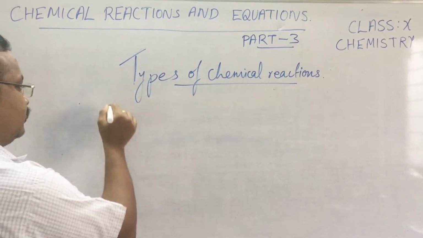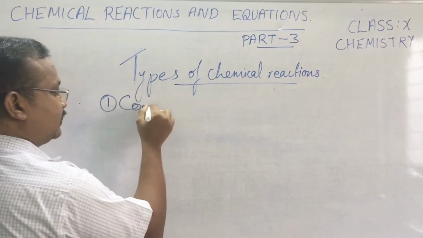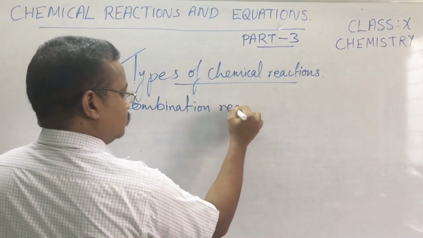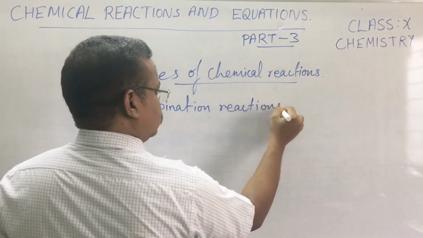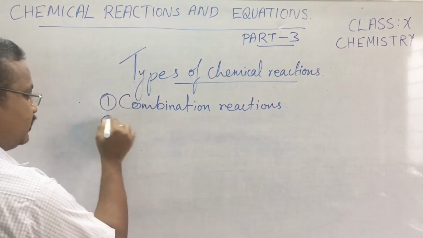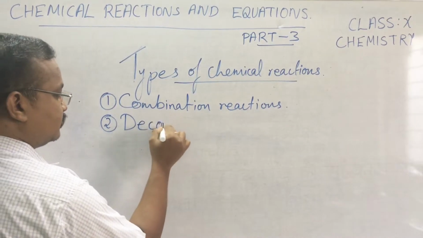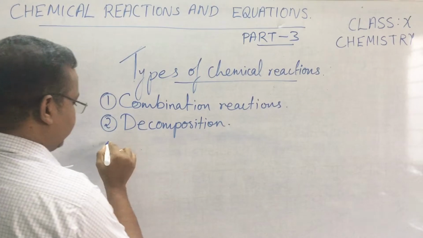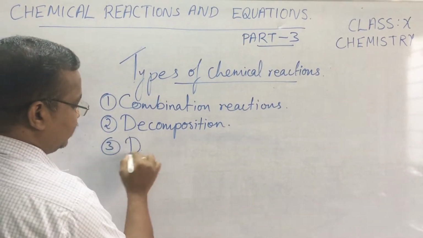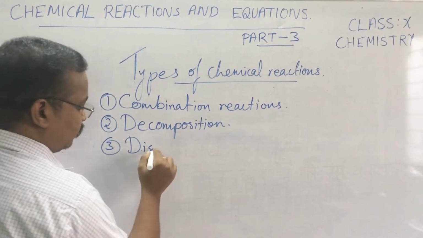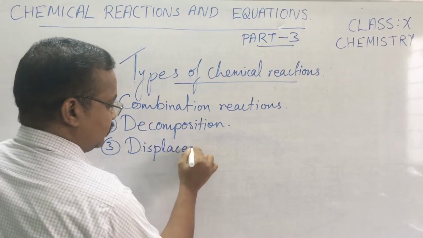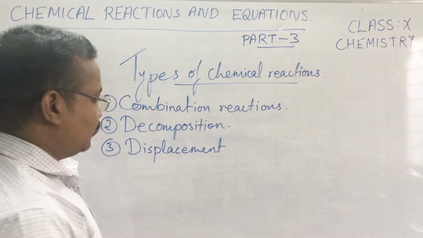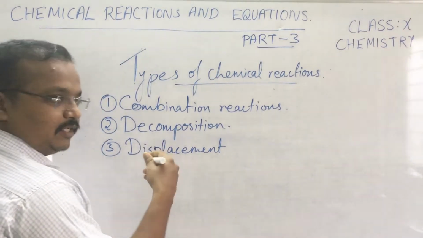First one is combination reactions. Second one is decomposition reactions. Third one is displacement reactions. This you might have studied before, even in 8th standard, so it is almost the same thing.